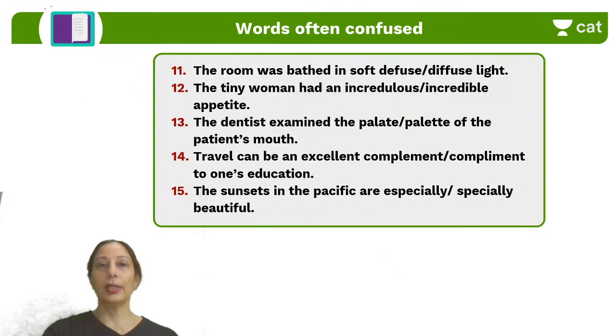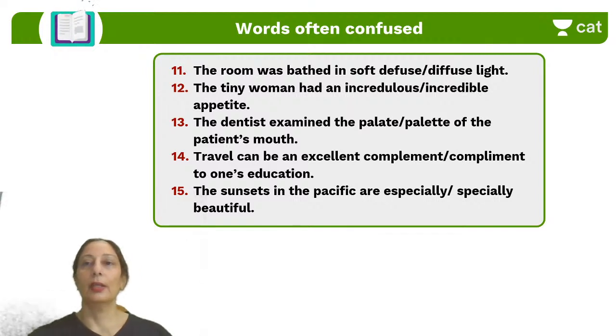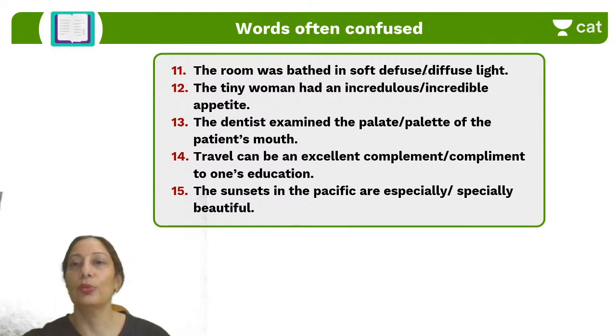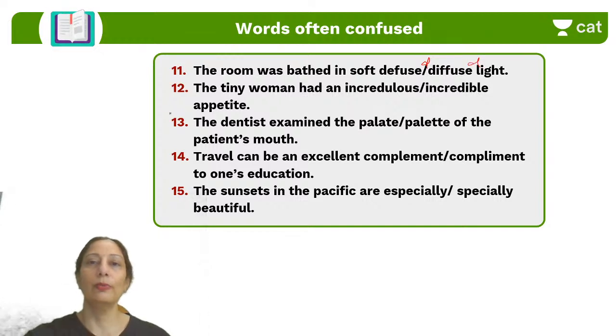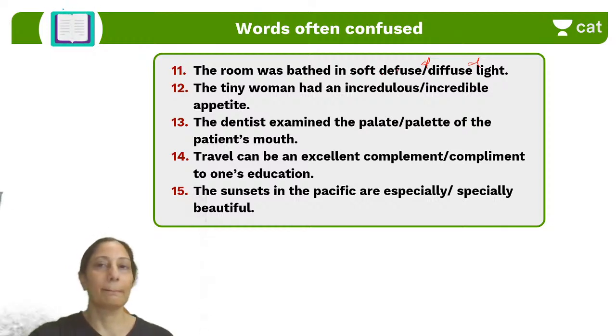Okay, guys. The room was bathed in soft, diffuse light. The room was bathed in soft, diffused light. It should be, guys, diffused with a D. What do you think is the answer?